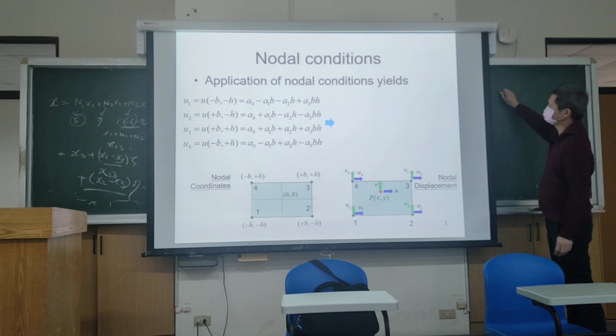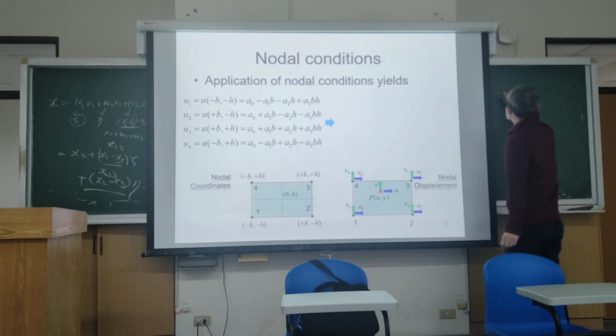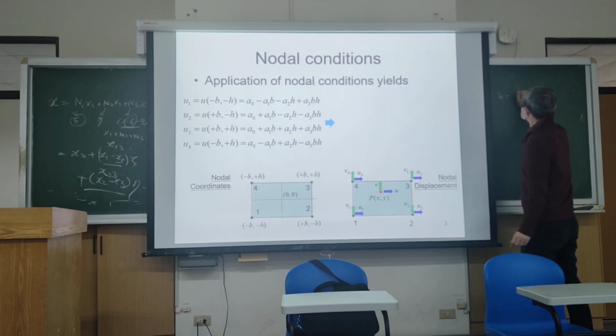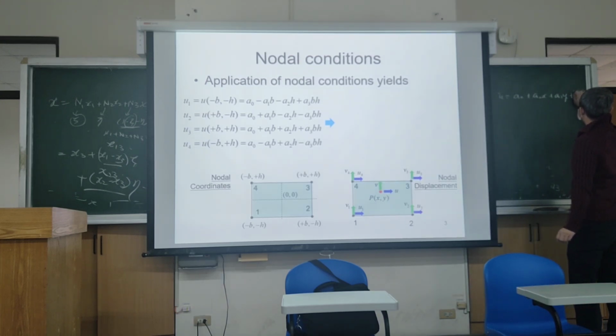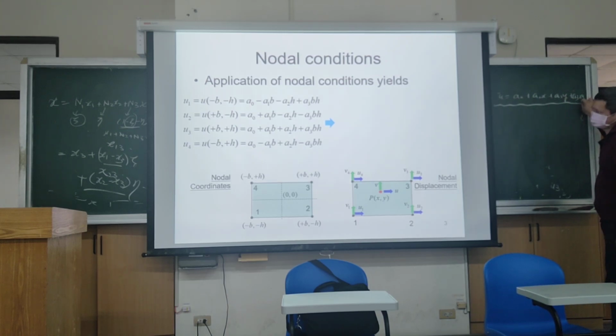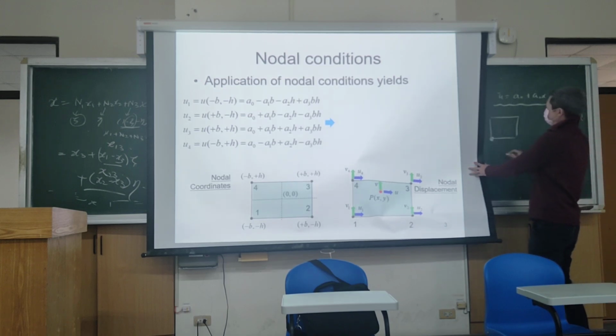So you write the interpolation. You now have the displacement u equal to a0 plus a1x plus a2y plus a3xy. Okay, this is the interpolation function you have. And now you take the nodal condition. Node 1 is located at minus b and minus h.